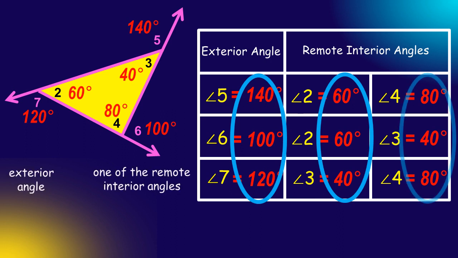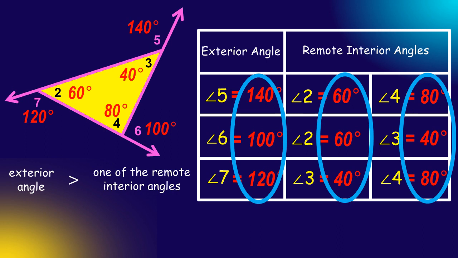Okay, dito rin, mas malaki rin siya sa pangalawang remote interior angle. 80 degrees, 40 degrees, and another 80 degrees. So meaning to say, we can conclude that the exterior angle is always greater than one of the remote interior angles. Laging mas malaki ang exterior angle sa isang remote interior angle. Hindi pwedeng mas malaki ang remote interior angle sa exterior angle.